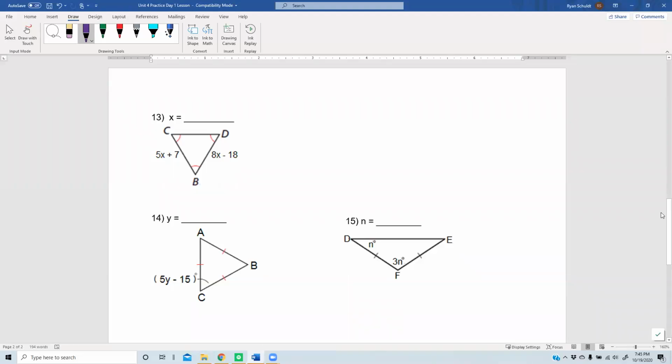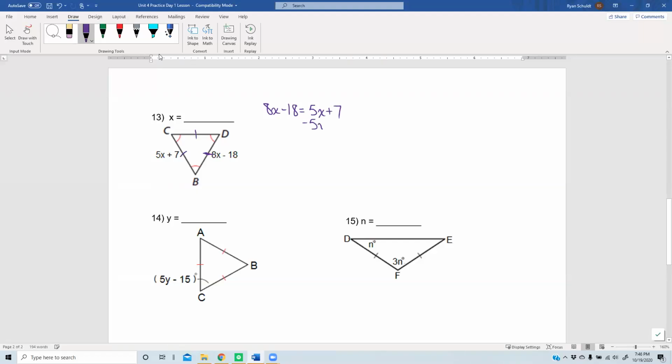Now for 13, they ask us to find x, and they tell us that all these angles are equal. Well, if all the angles are equal, that means all the sides are equal. So how could I get x? Set them equal to each other. So I'm going to have 8x minus 18 equals 5x plus 7.